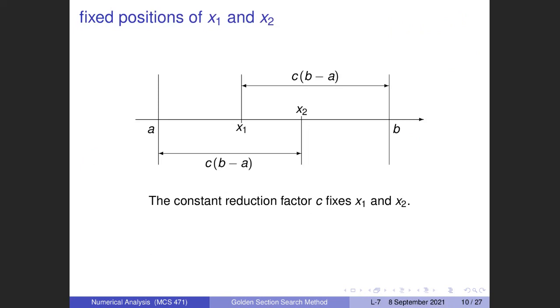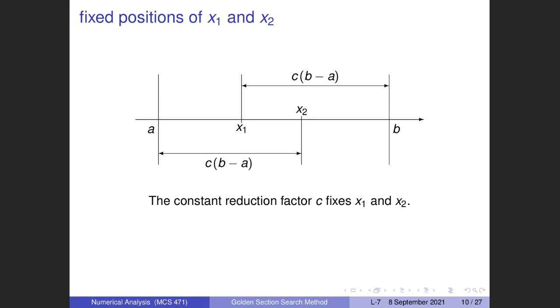This slide summarizes the previous observation. We start with interval a, b. We have 2 function evaluations, one at x1, one at x2. And whatever happens, either a x2 remains or x1 b remains, depending on the function values at x1 and x2.